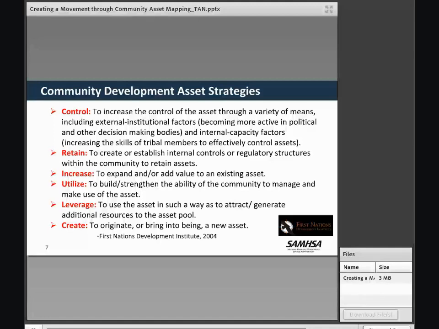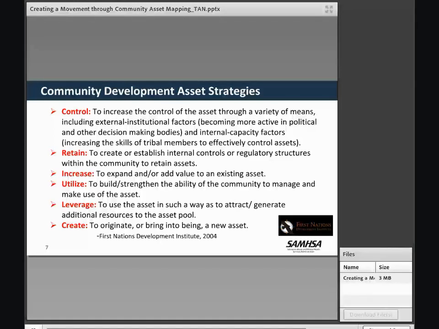So the First Nations Development Institute developed several strategies that can be used to promote asset-based development. So you see them here on this slide. The ability to control, retain, increase, utilize, leverage, and create assets.